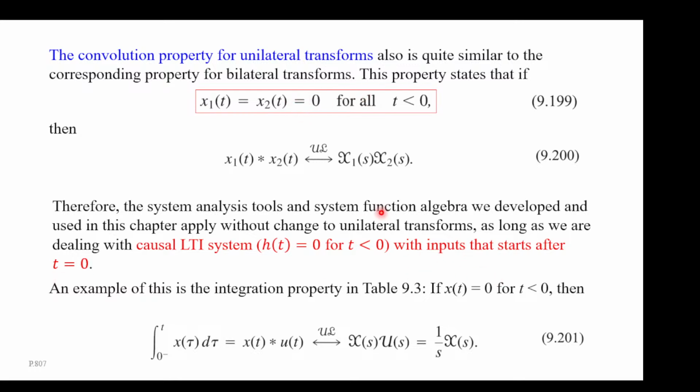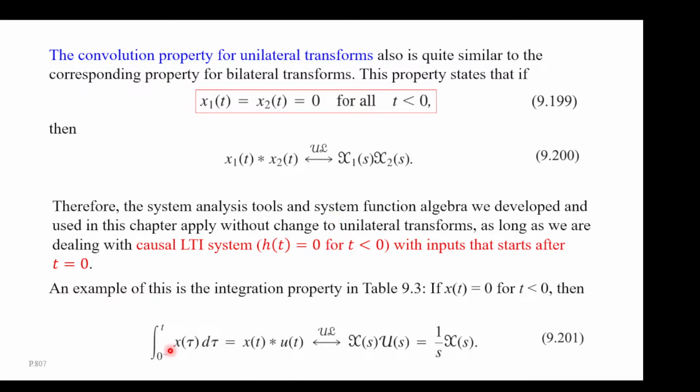And then we can use this property to derive our integration property here. So the integration property is this thing equal to this thing. It says the integration from 0 minus to t of x of tau d tau is exactly equal to the convolution between x of t and u of t.